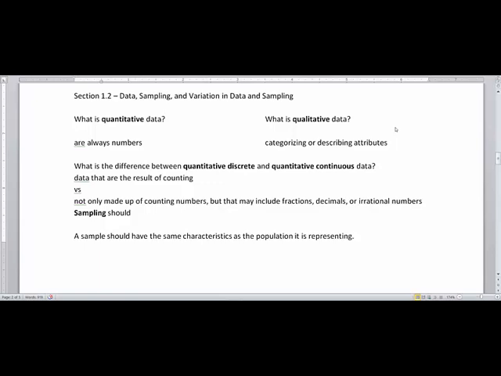And we'll start off with what is quantitative data. Now, quantitative data has the root quantity in it, and quantitative data is always numbers. Think of that as being something that you could represent with numbers, whereas qualitative data is categorizing and describing attributes.